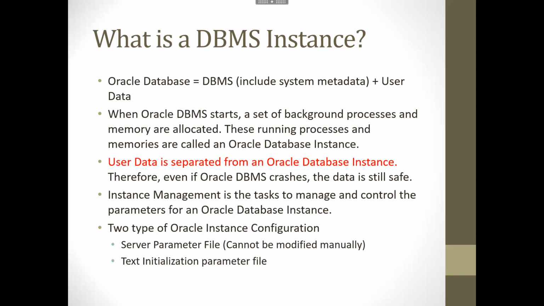We're not going into the detailed definition of those memories, but basically it will allocate certain memory to Oracle. So the Oracle system will take that memory from the operating system and start running programs inside that system, using CPU time, and that is called an Oracle instance, right?